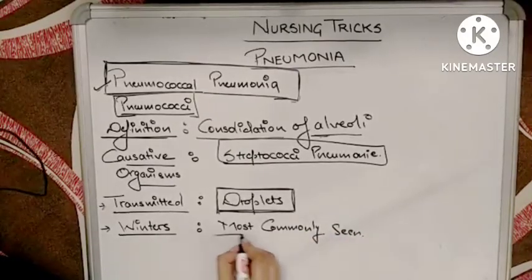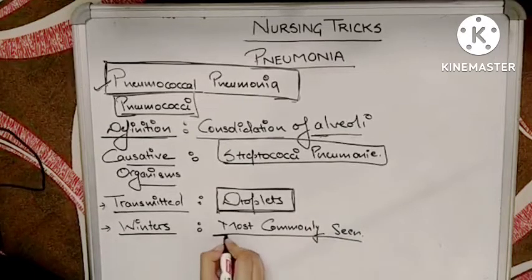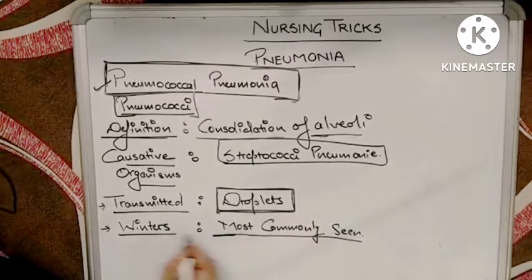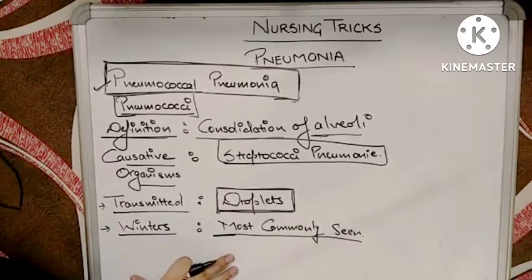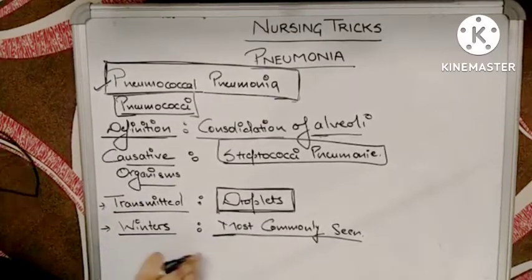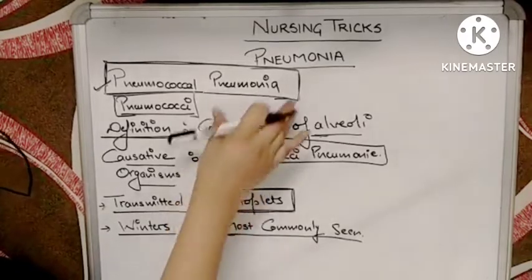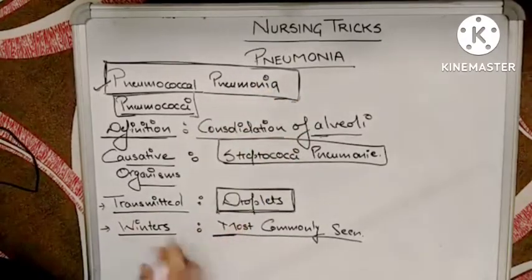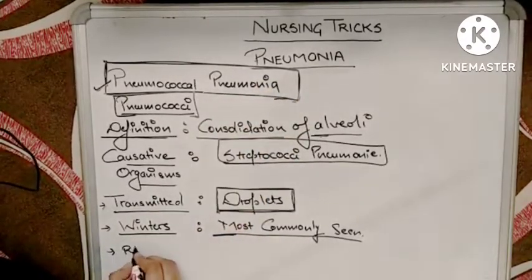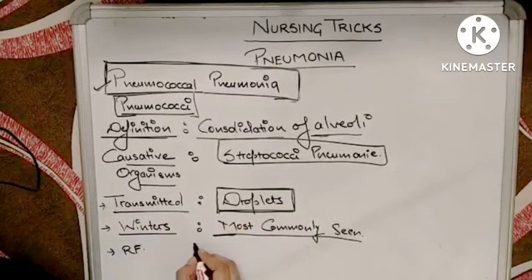Now if I have to ask you a question, what are the risk factors, even in the winters, which can precipitate this particular disease? The risk factors will be the same as what we studied in the introductory class.